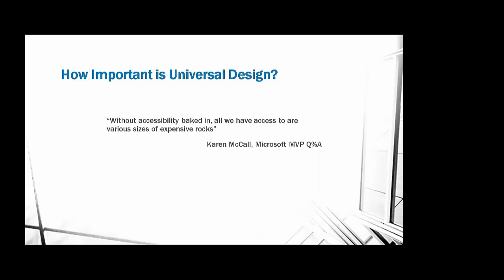And I was able to right align my name and the fact that this was a Microsoft MVP statement in an article. So the statement is, without accessibility baked in, all those of us with disabilities have access to are varying sizes of expensive rocks. And that was a quote from an article that I was interviewed in.